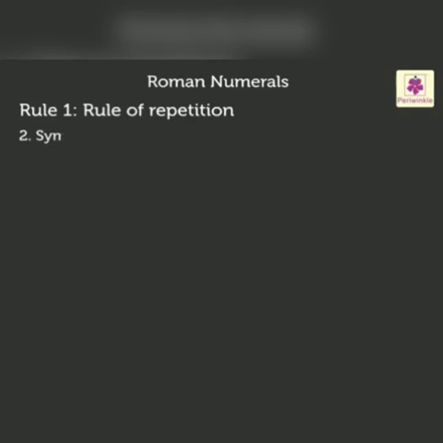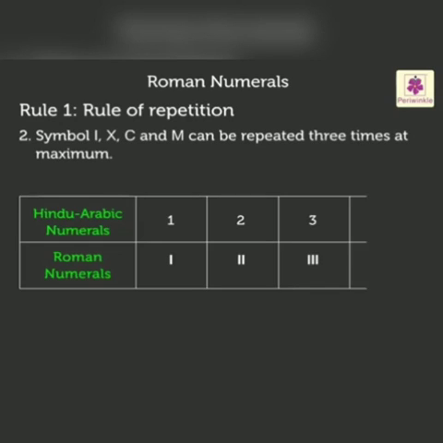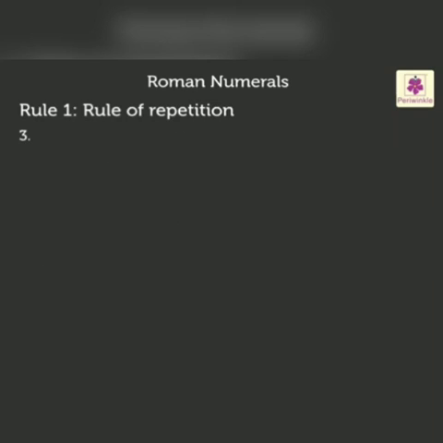2. Symbols I, X, C and M can be repeated 3 times at maximum. For example, we can write 1 as I, 2 as II, and 3 as III in Roman system, but we cannot write 4 as IIII. 3.